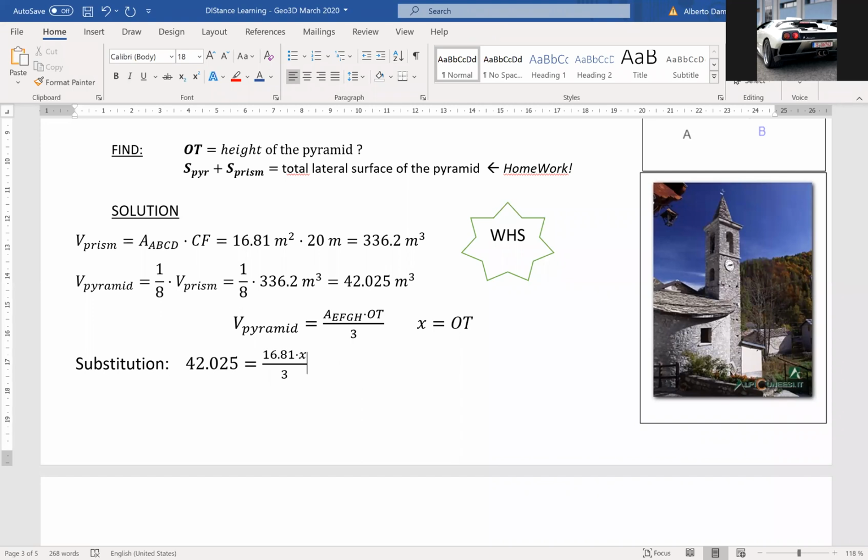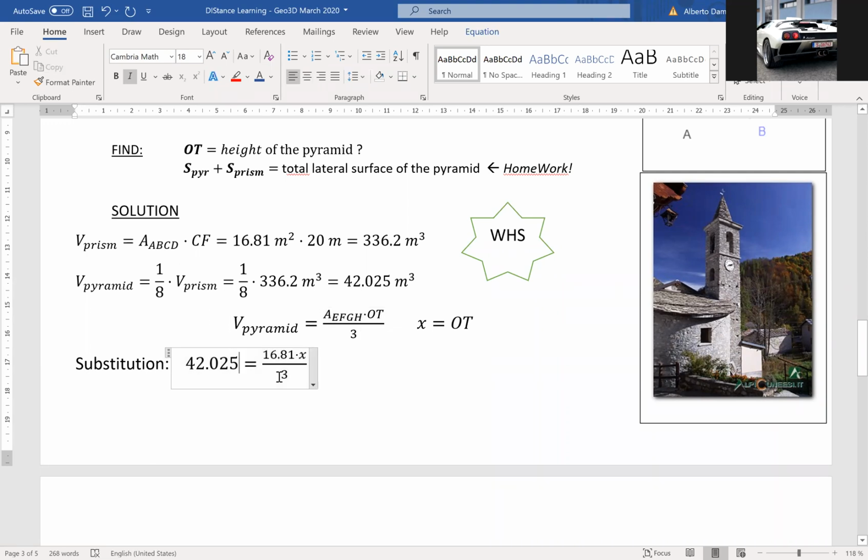There we go. This is what I have substituted into my formula. So the volume of the pyramid, 42.025, and the area of the base, 16.81. And then OT is X.